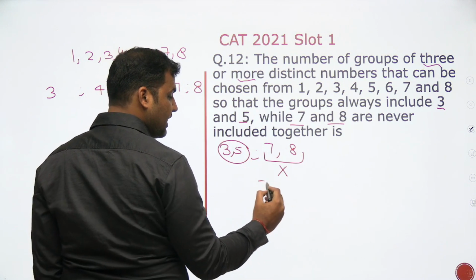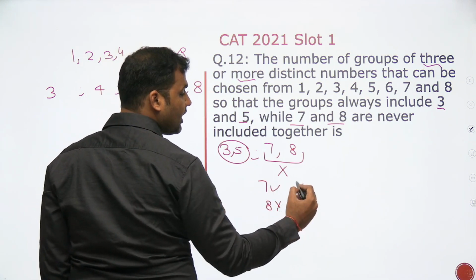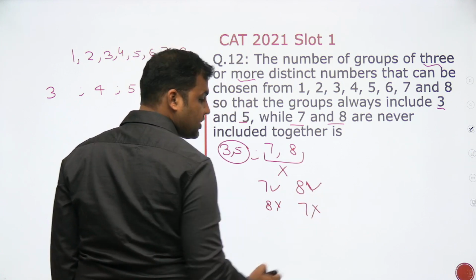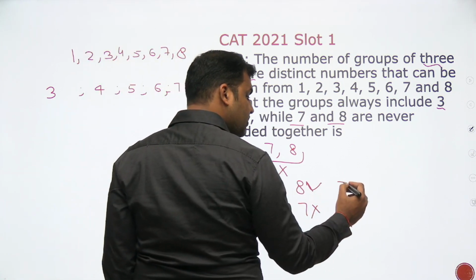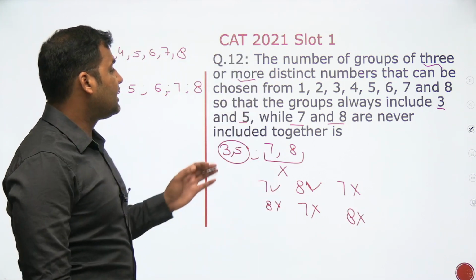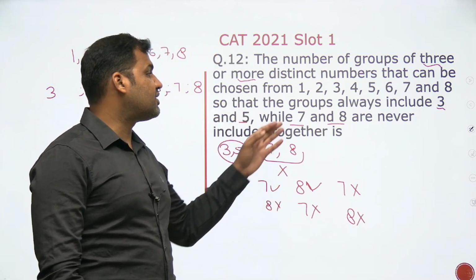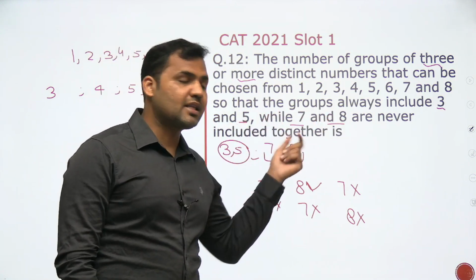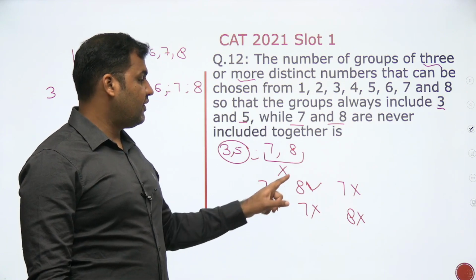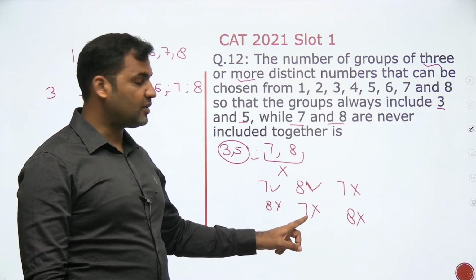That means अगर 7 होगा तो 8 नहीं होना चाहिए, अगर 8 होगा तो 7 नहीं होना चाहिए. Or there can also be a case जिसमें 7 भी नहीं है और 8 भी नहीं है, right? So because it says that 3 and 5 are supposed to be included but 7 and 8 are never included together, that means if 7 is there, then 8 is not supposed to be selected. If 8 is there, then 7 is not supposed to be selected.